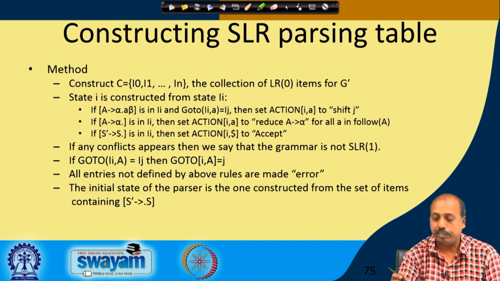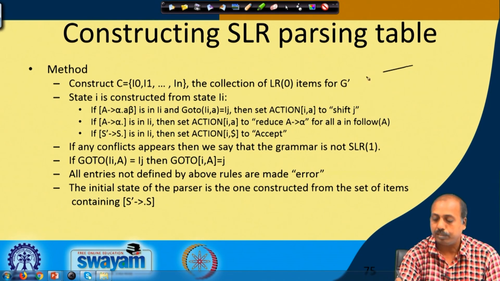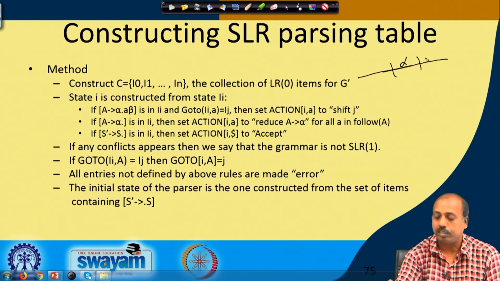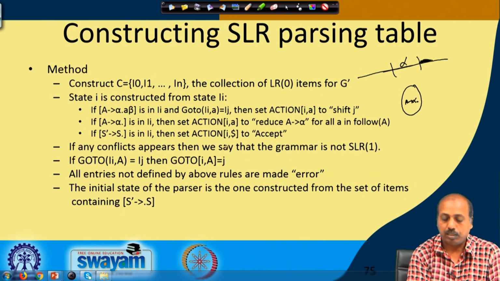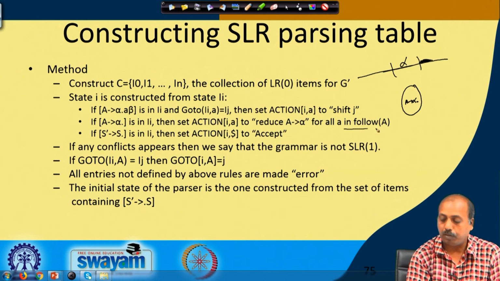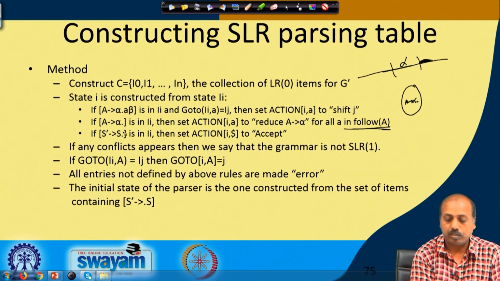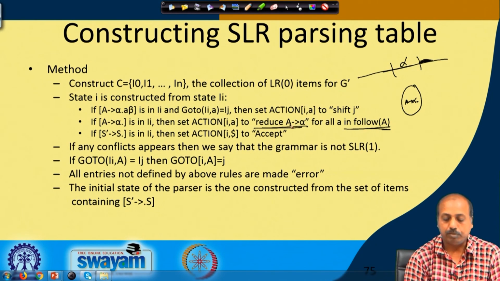So, basically it is like this: if you have some sentential form where in this portion you have the string alpha, that is, you have already seen something which is derivable from alpha. Now, if you are at a state where A producing alpha dot is there, then after this you are expecting to see something which can follow the symbol A. Whatever comes is in the follow set of A. That is why you look into the follow set of A, and for all those symbols you add the action reduce.